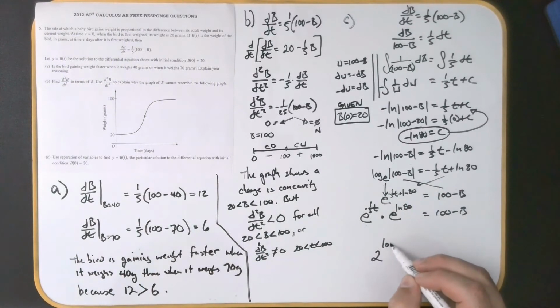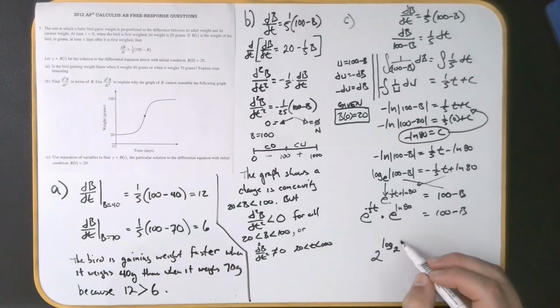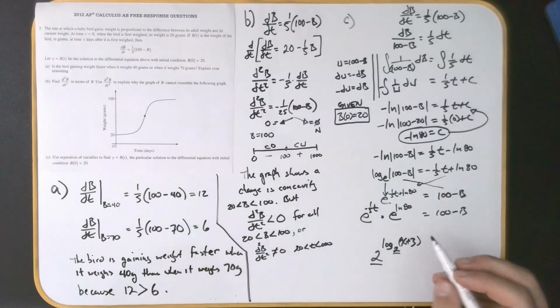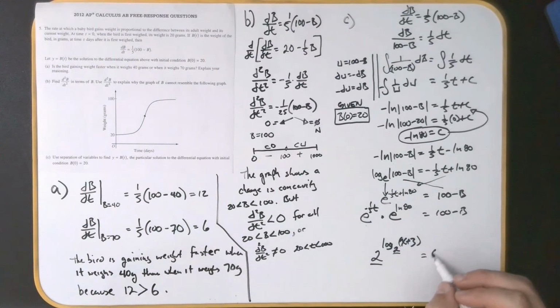And then this has a property that hopefully you remember. If I had 2 and my exponent was log base 2 of x plus 3, we'll just say it was that. If you have an exponential statement, and the exponent is a logarithm, and the base of the logarithm matches the base of the exponential, they have a property of what most students say kind of cancel each other out or undo each other. So it just equals the argument. So it's just going to equal x plus 3.